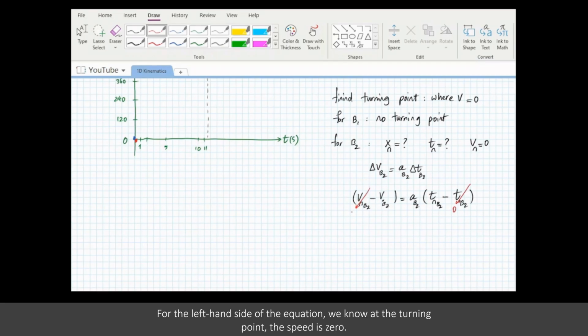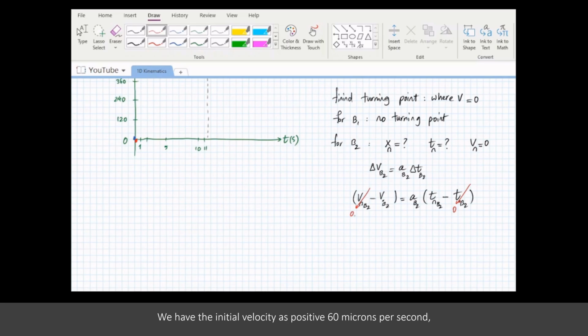For the left-hand side of the equation, we know at the turning point, speed is 0. We have the initial velocity as positive 60 microns per second.